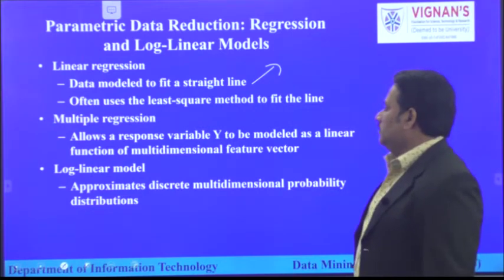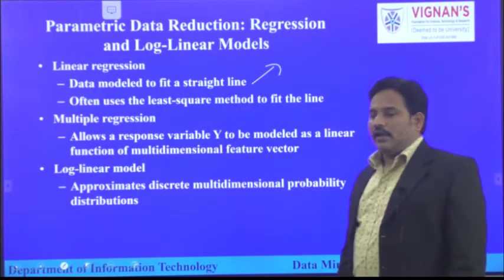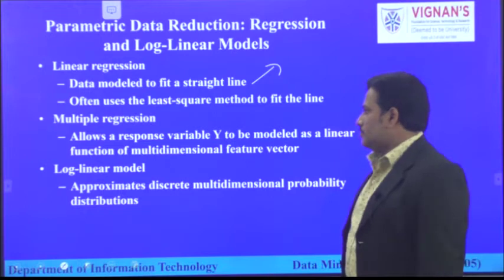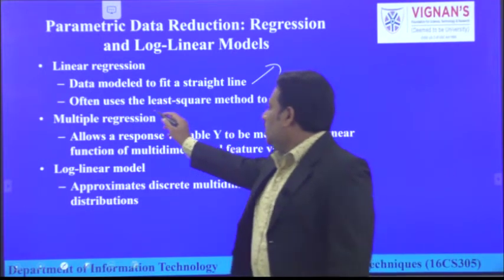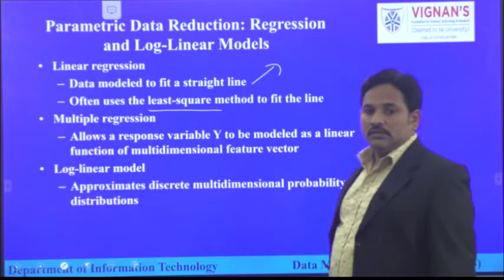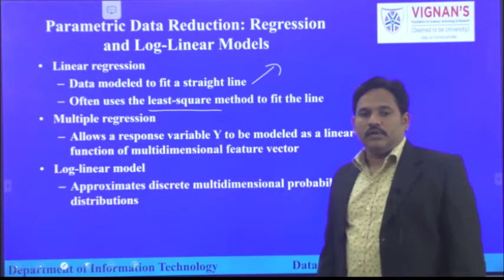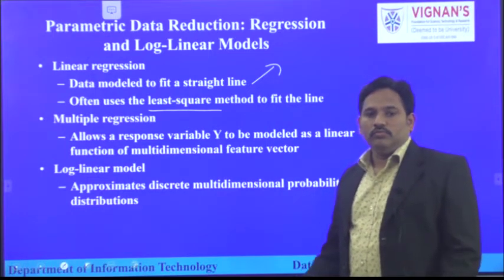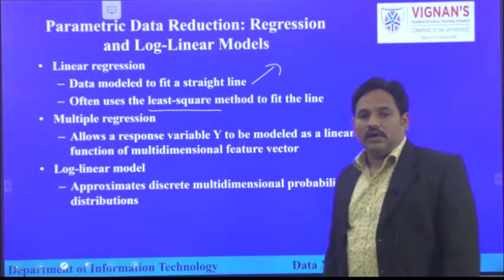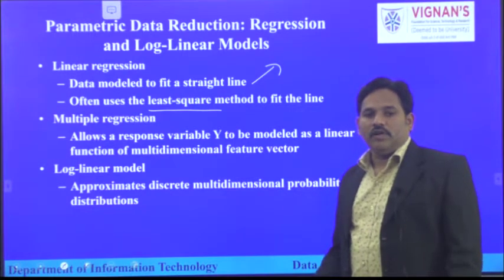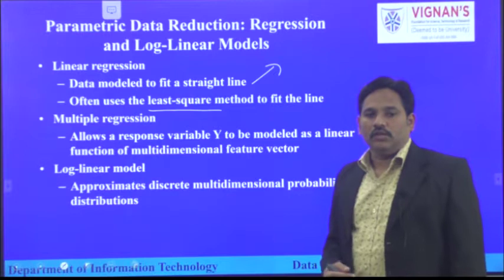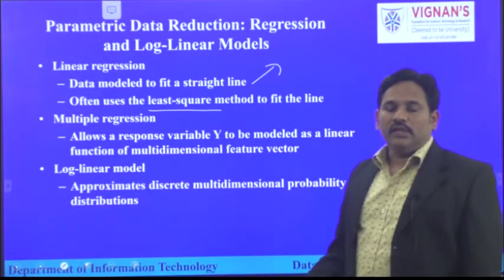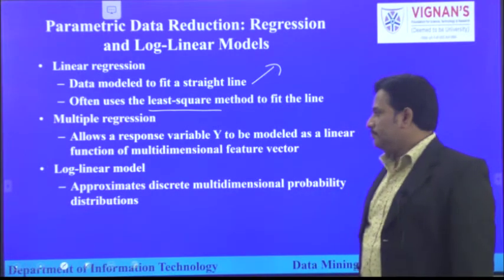So data modeled to fit in a straight line model. Often it will use the least square method, which is used to put the data on the straight line approach. If any value which may not fall on the straight line path, we can consider it as an outlier.